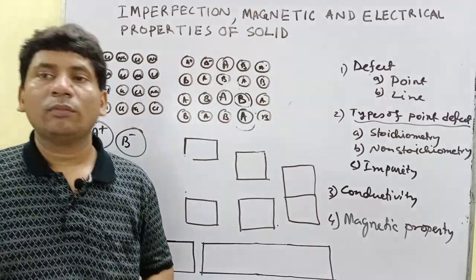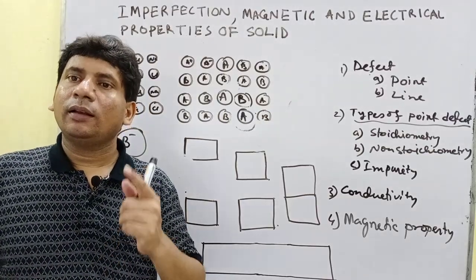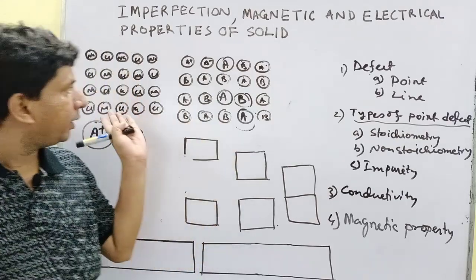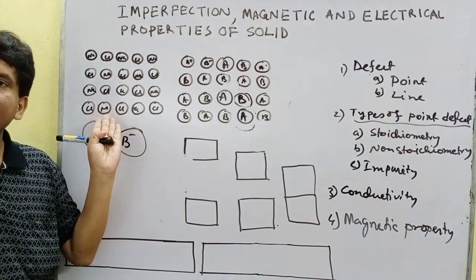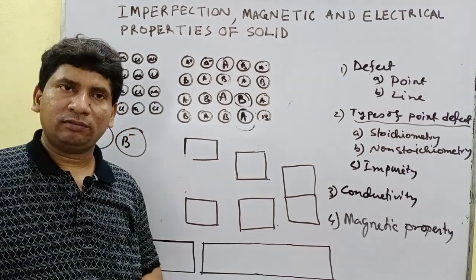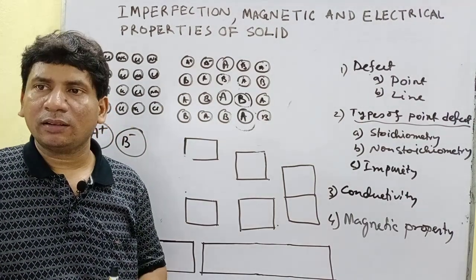Now what happened? What is the meaning of metal excess? Let us consider this sodium chloride is heated in the presence of sodium vapor. Then what happened?